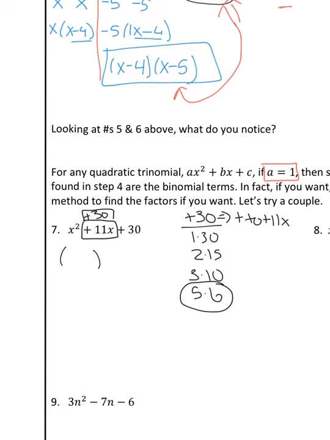So we can go straight to here, right? These are both going to have an x in the front because it's 1x squared. So x and x, and then it's going to be a positive 5 and a positive 6. So you can go straight to your answer if there is a 1 out front. If and only if the ax squared has a 1 out front. If it's any other number, it does not work.